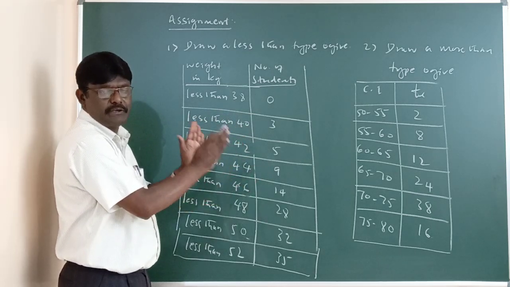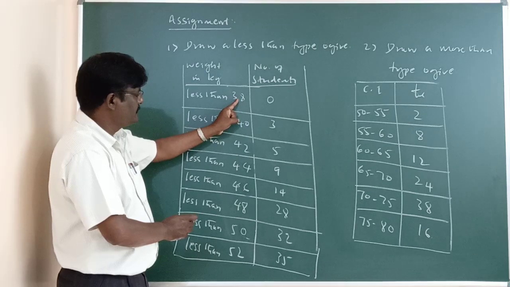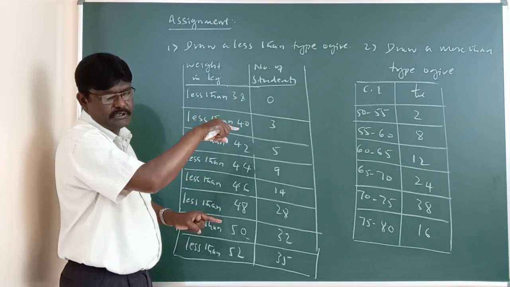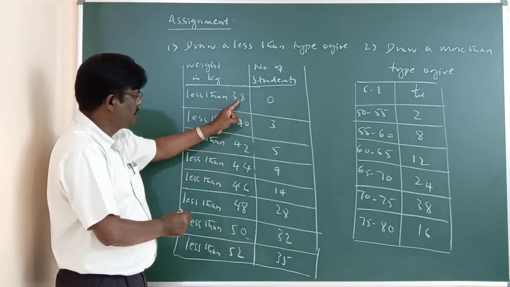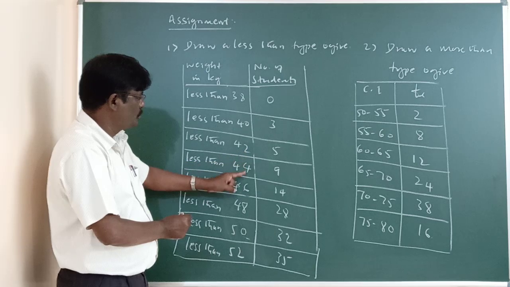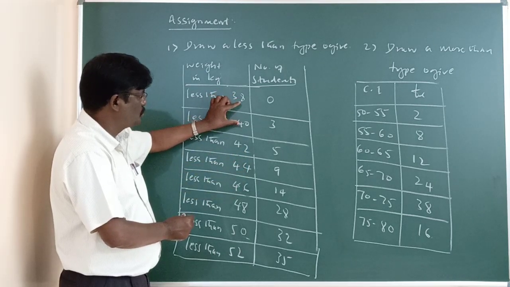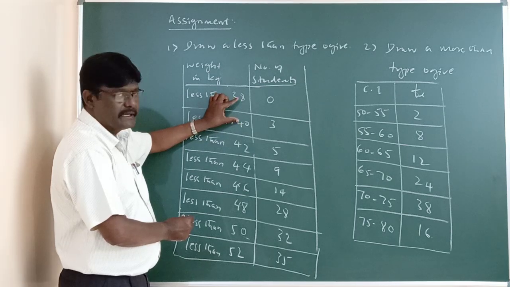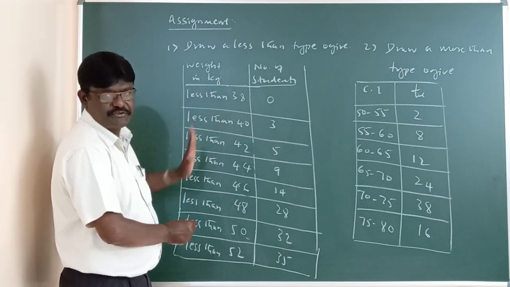Okay. So now in this case, directly you take the graph. In the graph, by giving a suitable scale, you start from this upper limit. Since here the upper limit does not start with 0, just use a minute curve between 0 and 38, like that. 38, 40, 42. Then what about the width of the class? It is 2. So here every 1 centimeter denotes 2 kg.